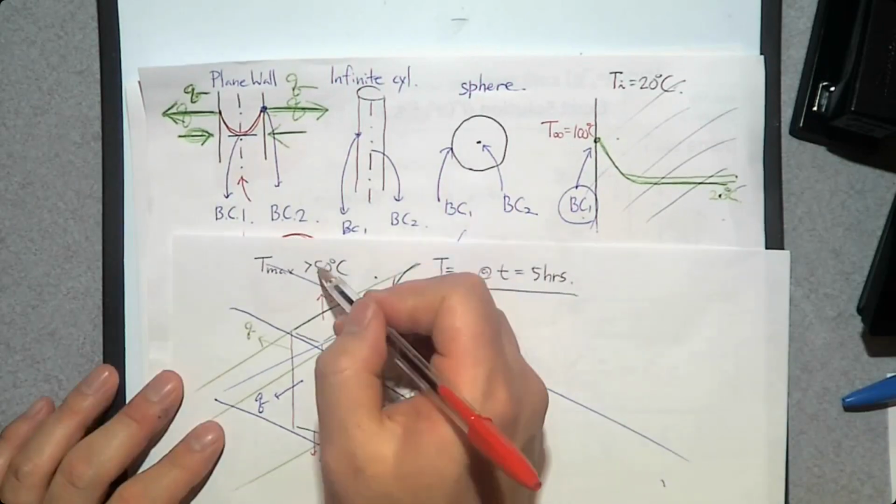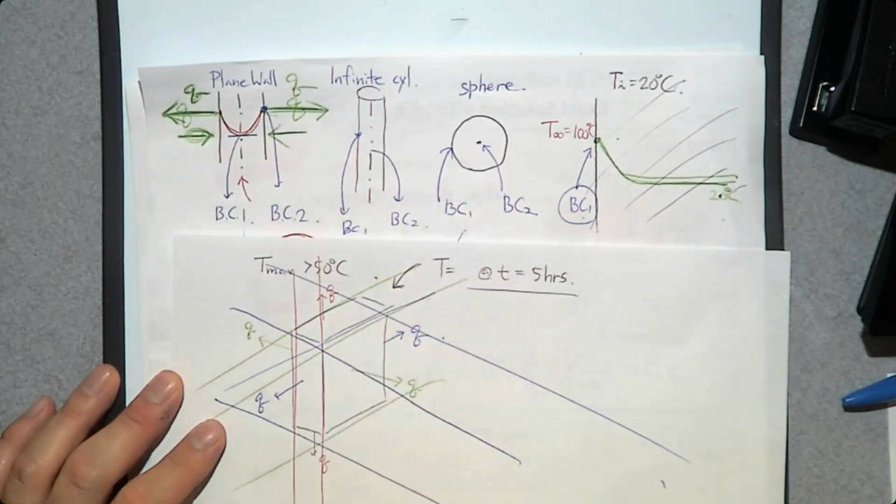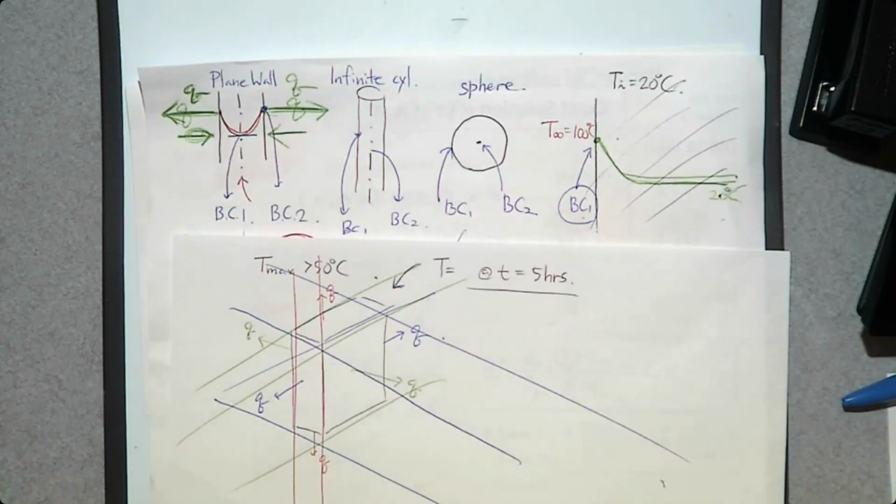And one more plane wall this way. So we can combine 3 plane walls, because one plane wall is one-dimensional heat transfer. If you combine 3, then you can study 3-dimensional heat transfer, right?